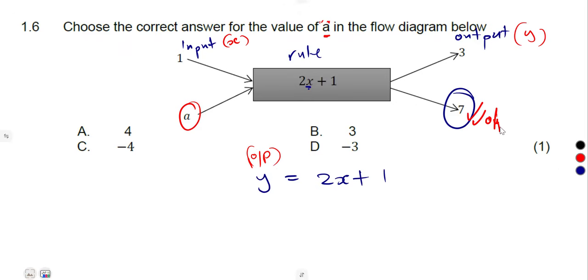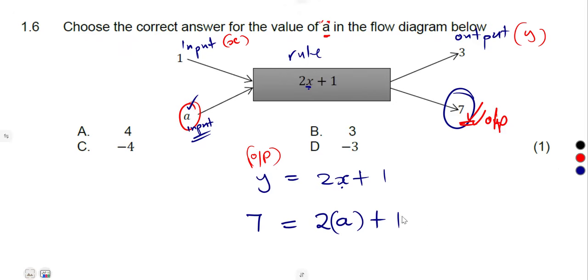We have the output. 7 is equal to 2 times, in place of x is the input. What is it that we have on the input? That is A. So that's 2 times A in place of X, plus 1.